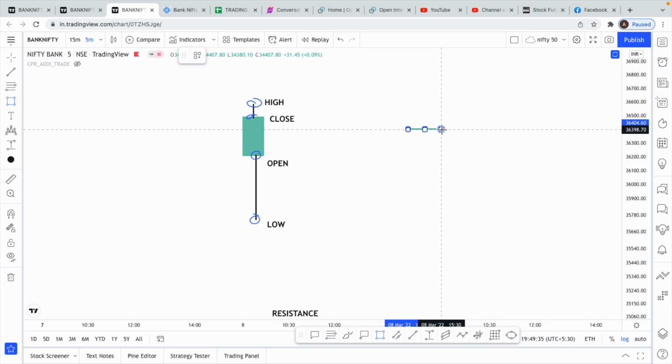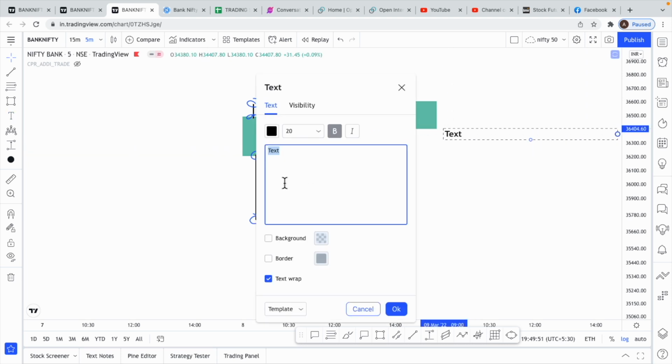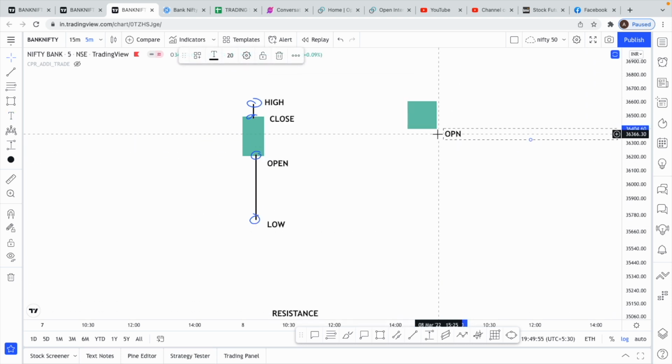It opens at 36,400. It goes up. While it is going up, you will have a green candle, right? It goes up to, say, 36,600. So we have the open here exactly where we opened, that is 36,400.